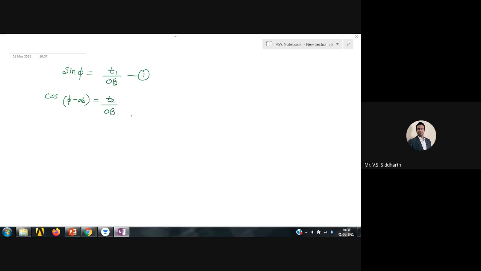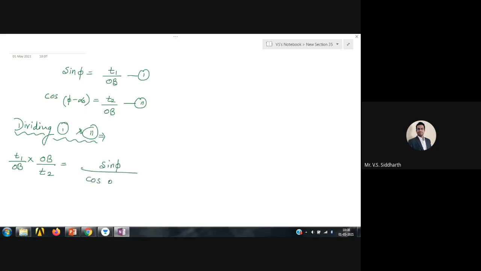Okay. Now I want the relation between T1 and T2. That's why I am dividing equation number 1 by equation number 2. So when I divide it, T1 upon OB into OB upon T2 equals sine phi divided by cos phi minus alpha naught.